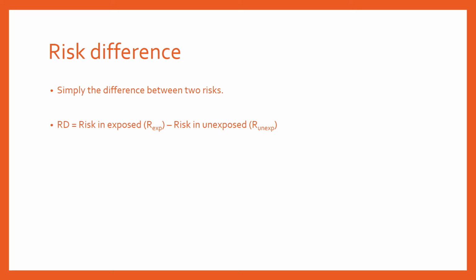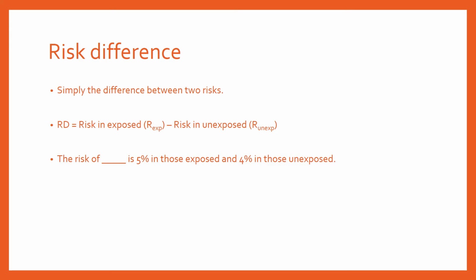Remember, epidemiology is comparison, so you're comparing risk in one group to another. In this case, you're comparing risk in the group that's exposed to whatever risk factor you're studying versus unexposed. So back to the folate deficiency example, compare the risk in the group that's deficient minus the risk in the group that's not deficient.